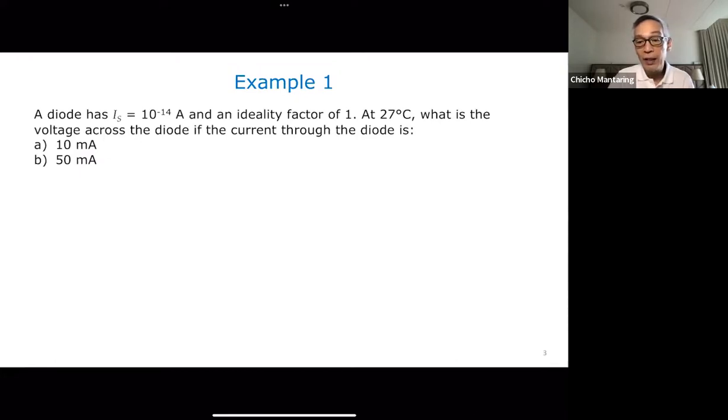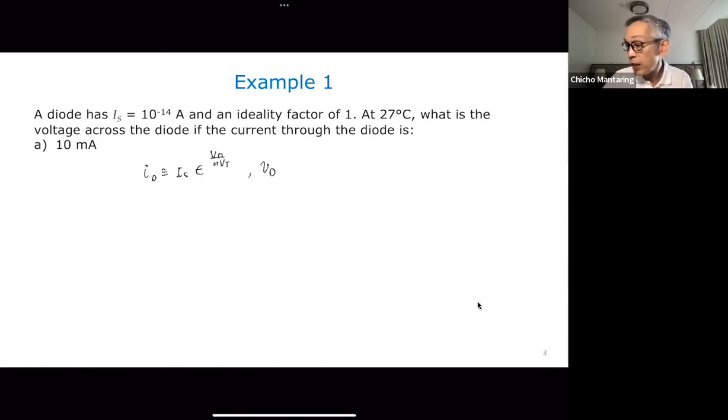So yeah, how do you solve this problem, no? Well, sinabi ko na, no, na I sub D for this particular case, you have I sub D is approximately equal to I sub S e to the Vd over eta v sub t. So you can actually solve for v sub d.